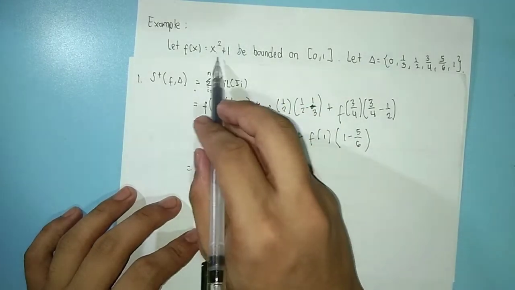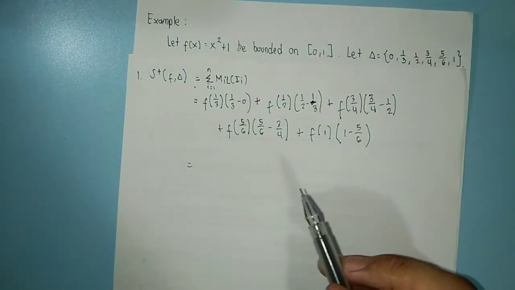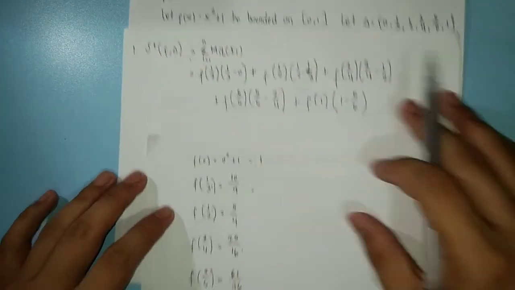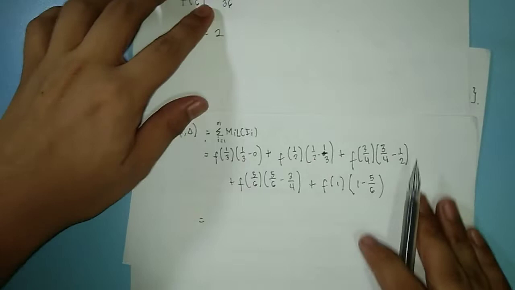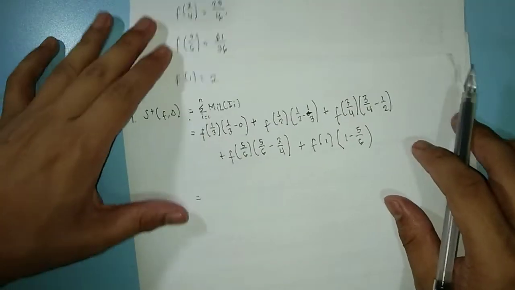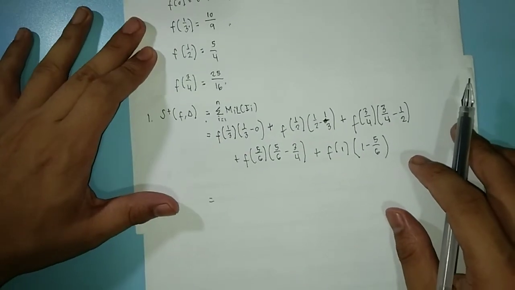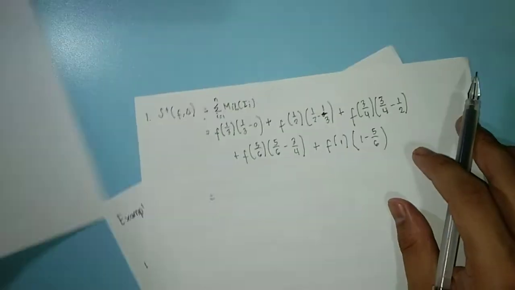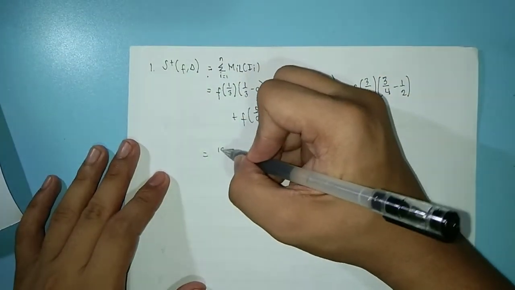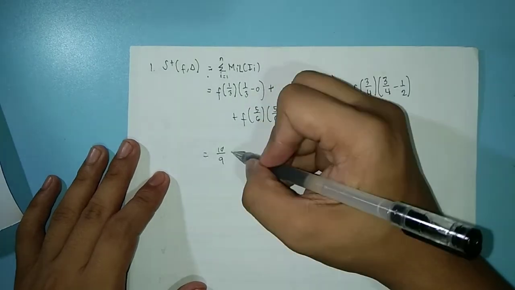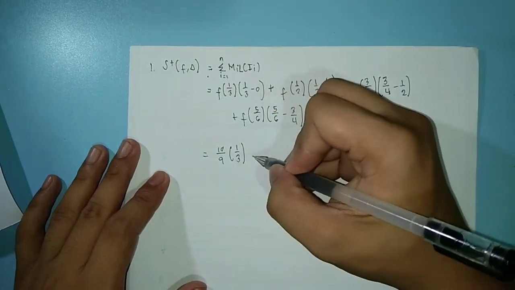Tapos, isa-substitute lang natin yung 1/3 dito sa function. Yan yung ginawa natin kanina. Okay, para mas madali, di ba? So, ano yung f of 1/3? Yung 10 over 9. Tapos, 1/3 minus 0, that is 1/3.